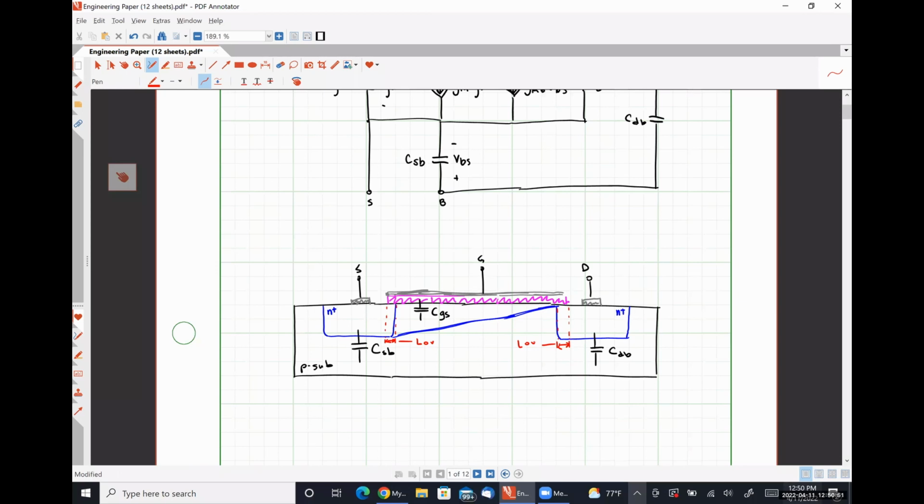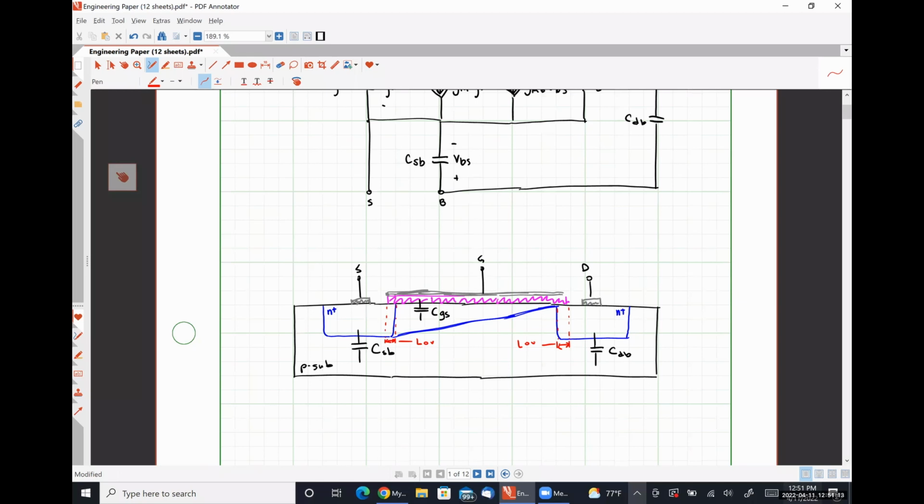It's not a particularly large distance, typically on the order of 1/20th to 1/10th of the overall gate length. So it's not big at all, but it is critically important to making the device operate correctly.